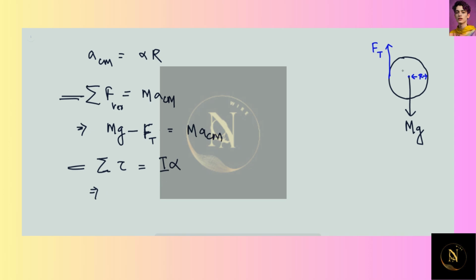The net torque with respect to the axis passing through the center of the hoop will be equal to Ft times R, assuming clockwise to be positive, and since the gravitational force passes through the axis of rotation, the torque because of this force will be zero.